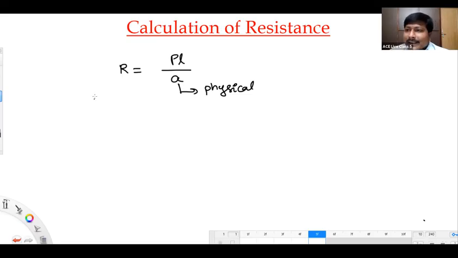Then what name can you give this resistance? Yesterday itself we discussed it. This is going to be called the DC resistance of the conductor.